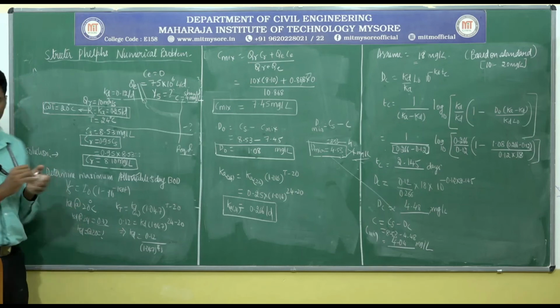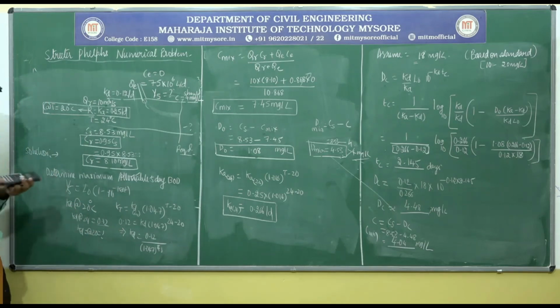So can you tell me the answer? That is equal to 0.12 divided by 1.047 whole raised to the power of 4.